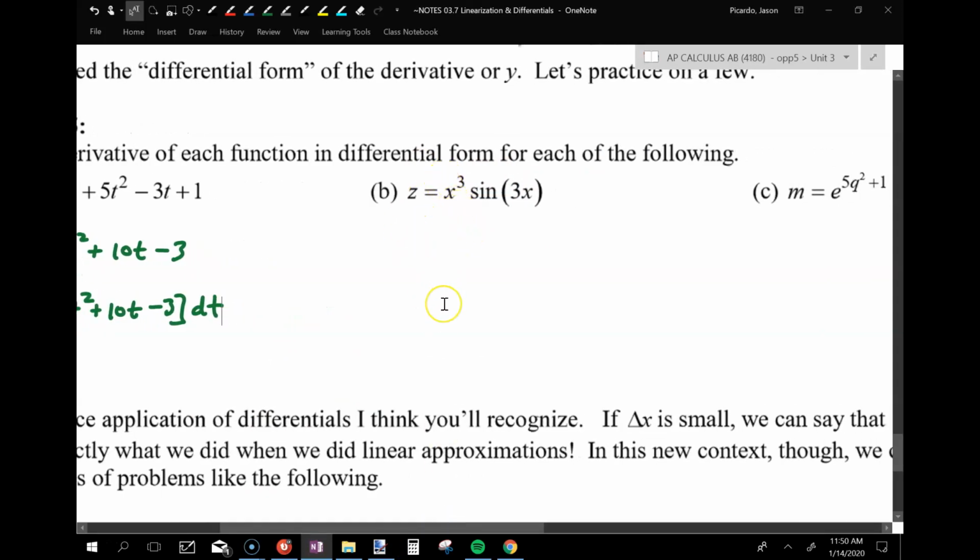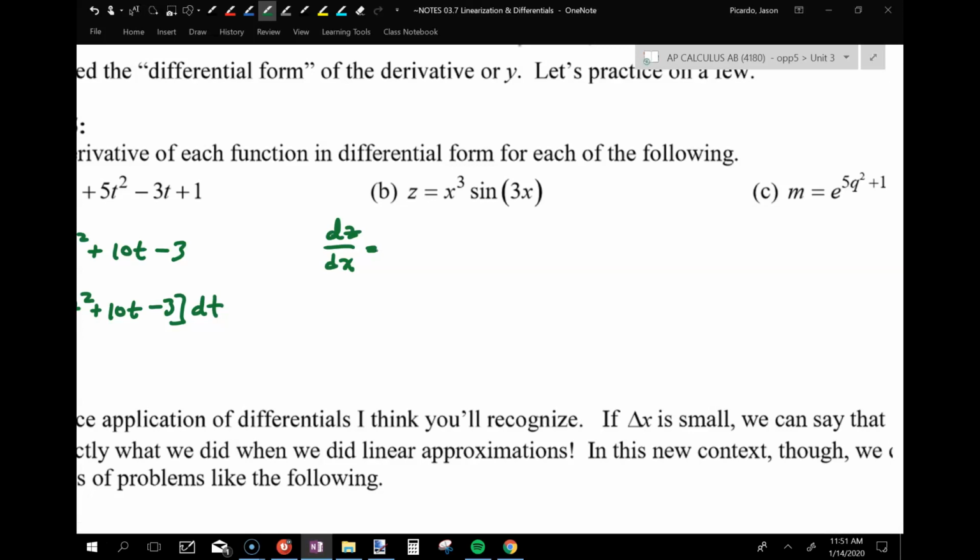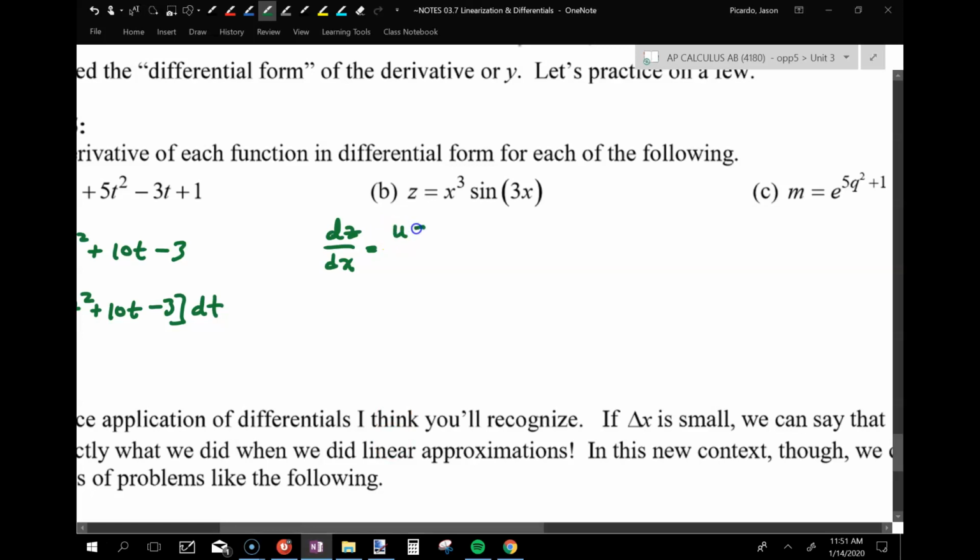What would I call the derivative here? dz over dx. Now you guys are hesitating because you're trying to remember how to do that, but it's a product rule, isn't it? It's a product rule. What's my u? What's my v? What's u prime? 3x squared. What's v prime?